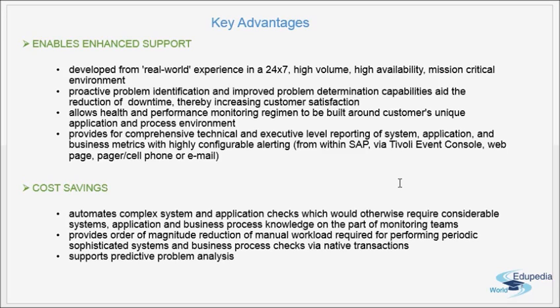These are the advantages when you use tools: it reduces the cost, it enables enhanced support. Say something went wrong in the system at midnight while you're sleeping, and if you don't have an alerting system, unless you get up and check tomorrow morning, the issue is not fixed for the last 10 hours. That will cause a problem to the customer.